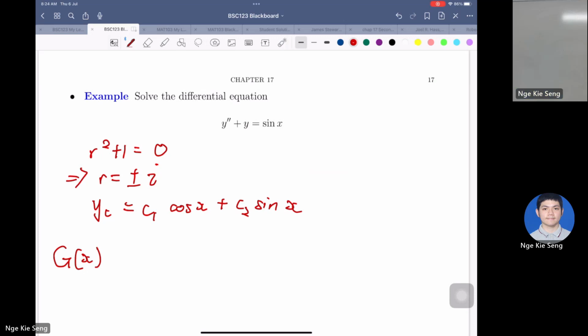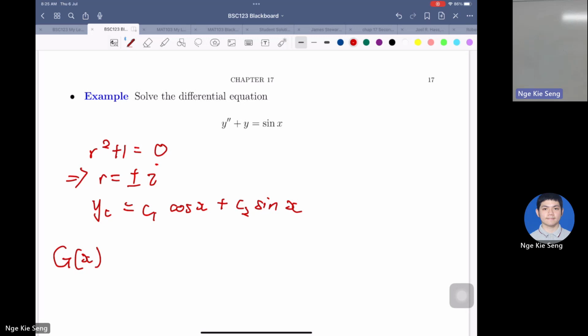Sine 2x? Sine 2x is linearly independent, but there's no 2x on the other side, right? How do you compare? Sine 2x must go to 0. So remember for the repeated real root, how to introduce another linearly independent solution?